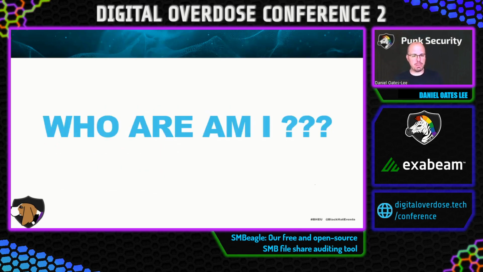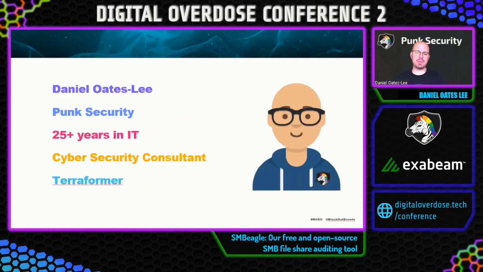But first of all, who am I? My name is Daniel Oates-Lee. I am a co-founder of Punk Security. Punk Security has only been running for about 12 months now, but I have worked in cybersecurity for the last 15, 16 years. I've been in IT for over 25 years. I started out as a developer, then moved into infrastructure, did a bit of networks, and then naturally fell into security because I could understand applications and networks and infrastructure.